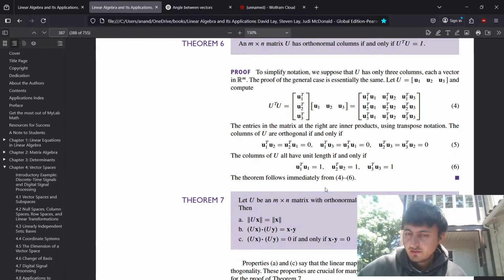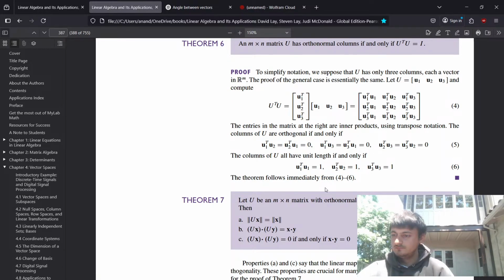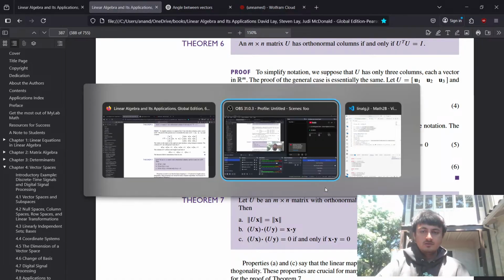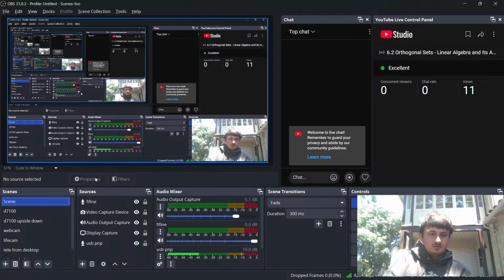B, the ux dot uy is equal to x dot y. Okay, so let's see if we can get through this.